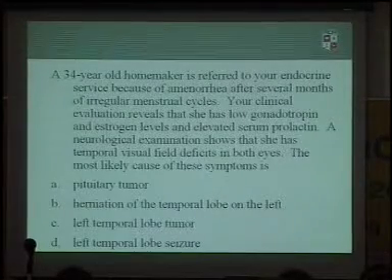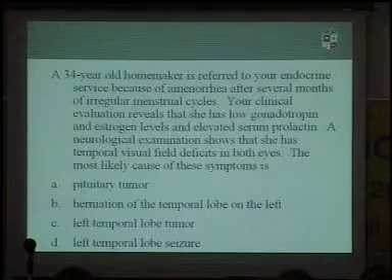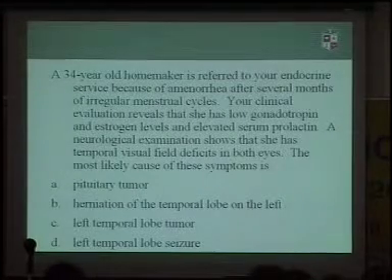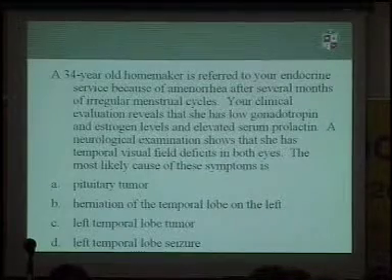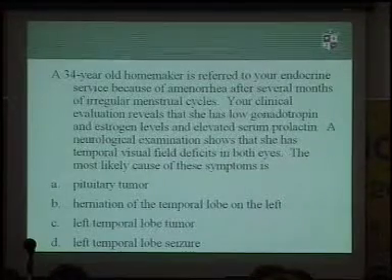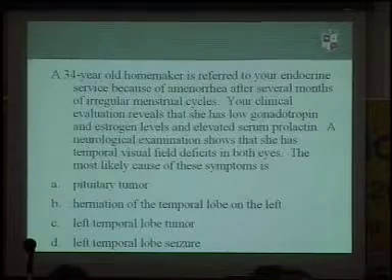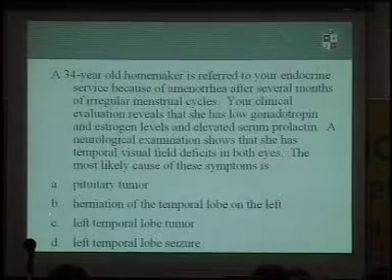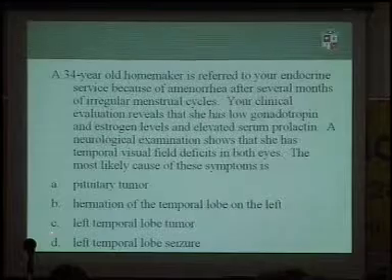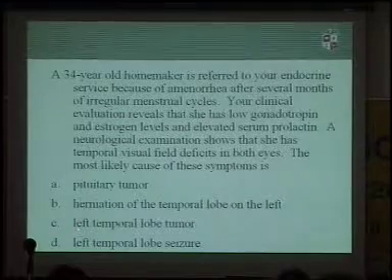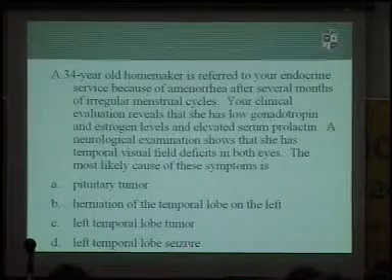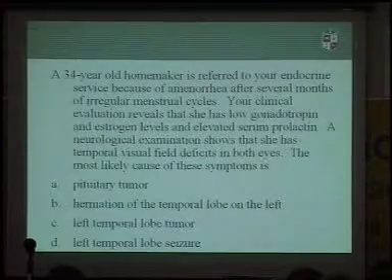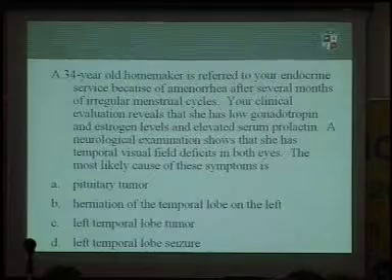A neurological examination shows that she has a temporal visual field deficit in both eyes. The most likely cause of these symptoms is A, pituitary tumor, B, herniation of temporal lobe, C, left temporal lobe tumor, D, left temporal lobe seizure. Okay, vote please.